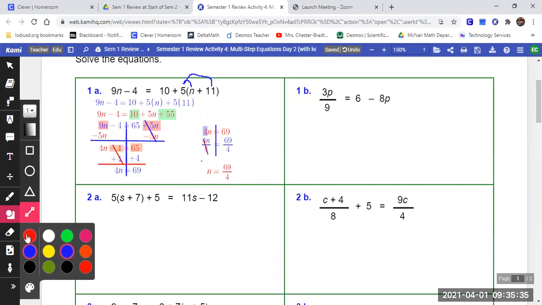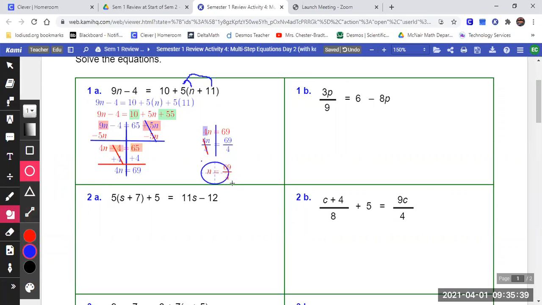Yes. So just because we made it a fraction doesn't mean it's done. I don't want a decimal. I do want a simplified fraction. So make sure that you double check that you can't simplify the fraction more before you say you're done. You have to have a simplified fraction.